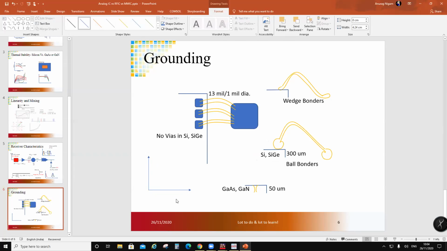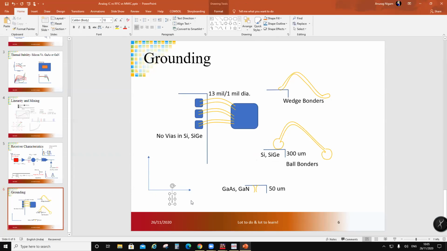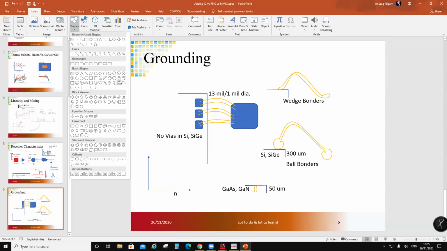If I keep on increasing the number of wires, where n is the number of wires on the x-axis, the inductance is going to do this.